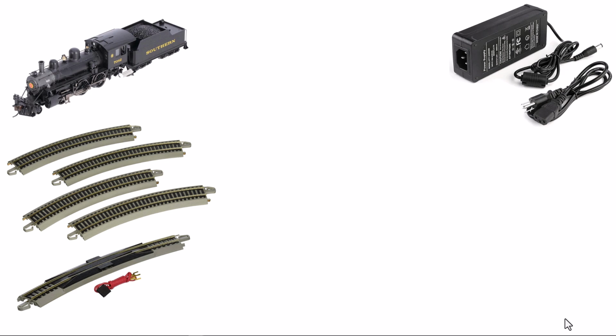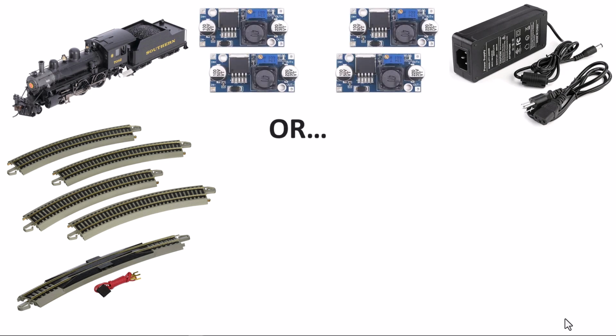So don't worry about that. It's an inexpensive power pack that you can buy online. And then we're going to need some circuits to take that 24 volts and produce the other specific voltages that we need. These are called DC to DC or buck converters.